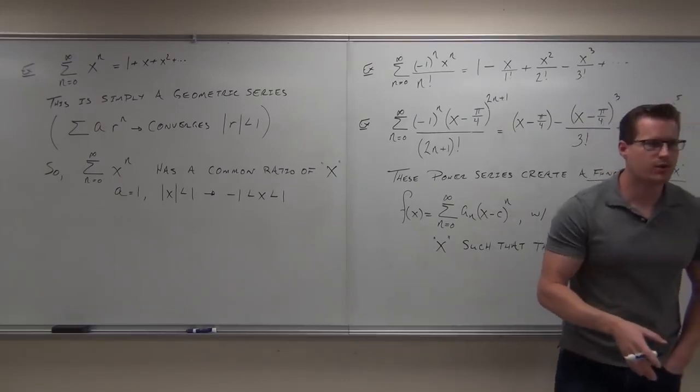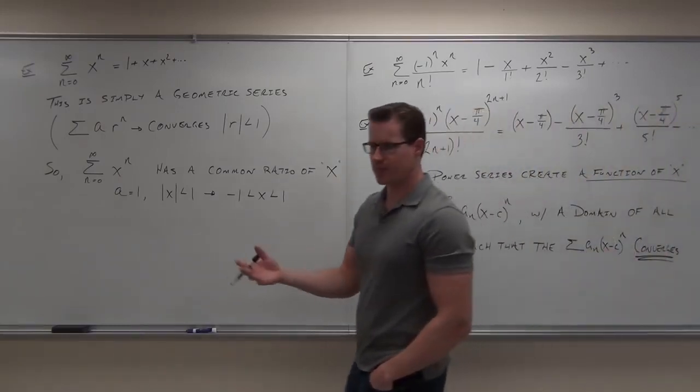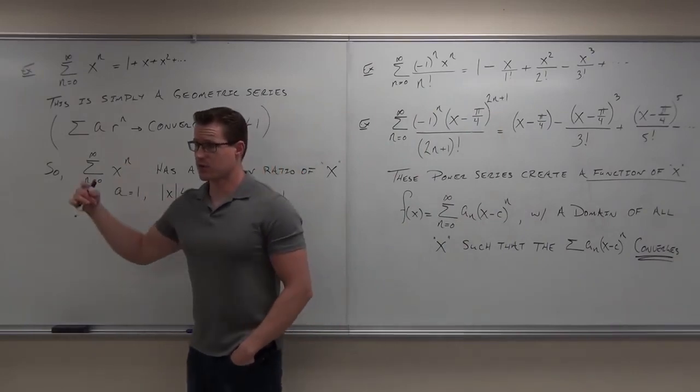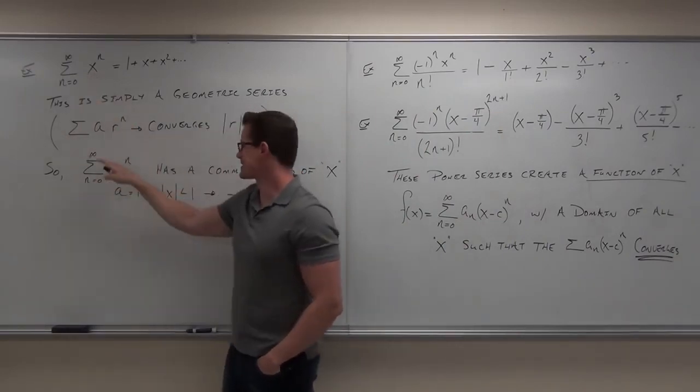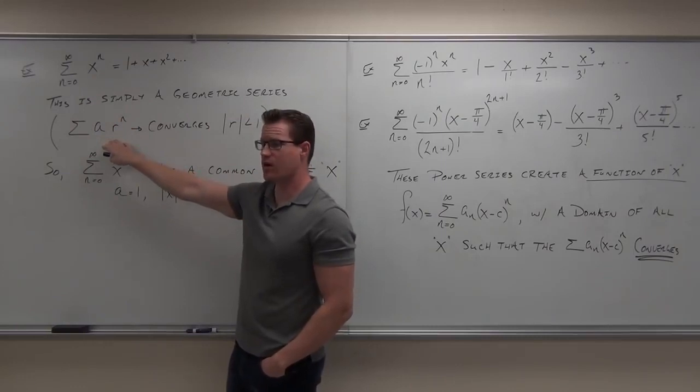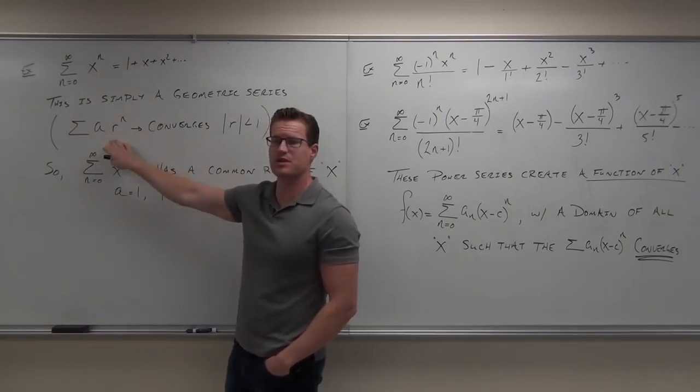Let's talk about it one more time just to make sure that you are with me on this. First things first, are you starting to see that this is geometric? It just happens that r is no longer a constant, it happens to be a variable.